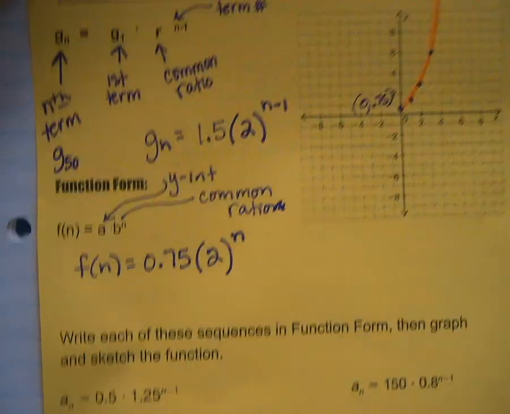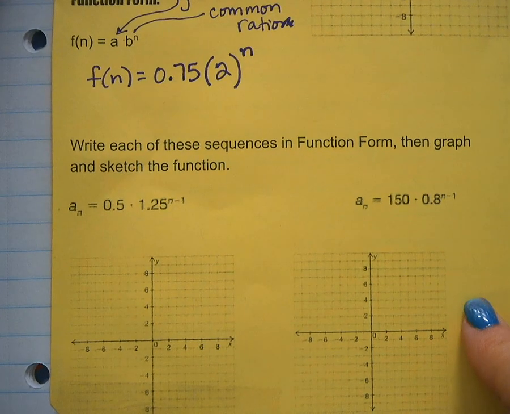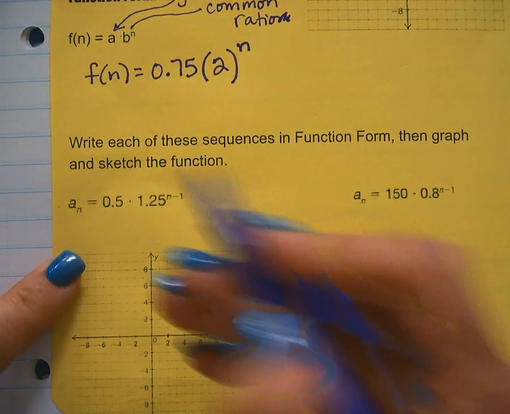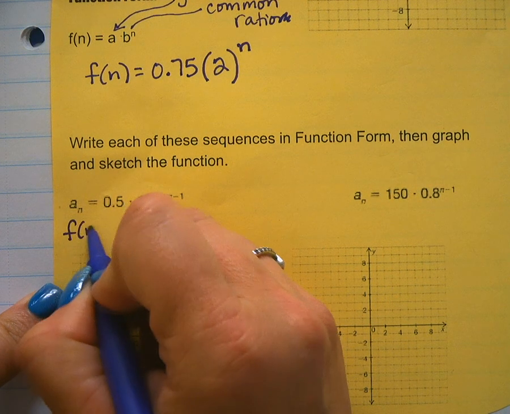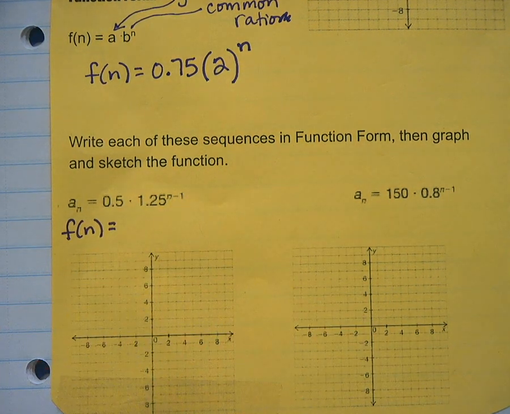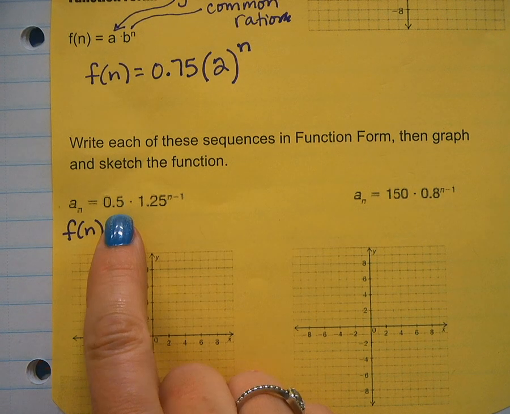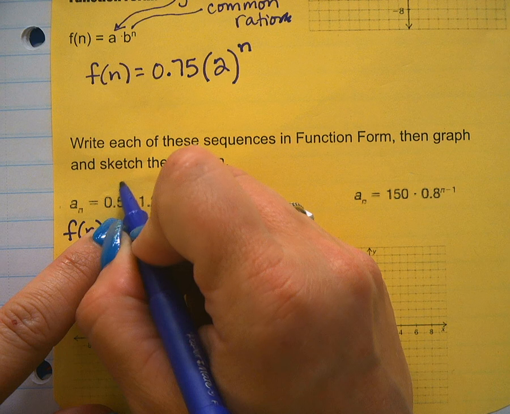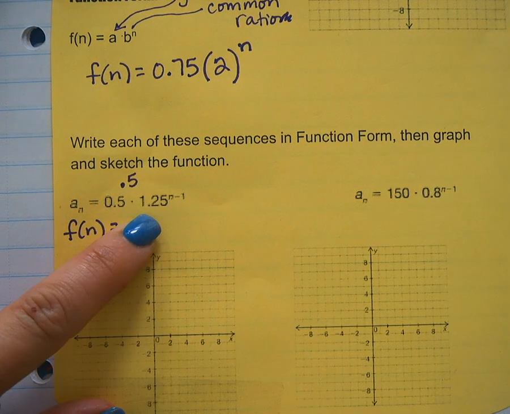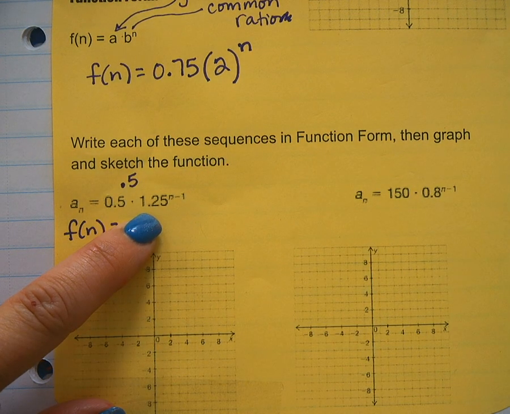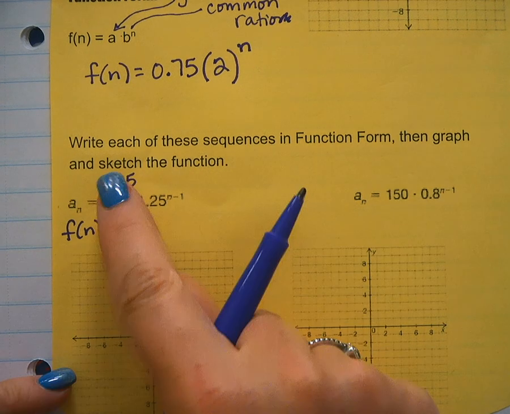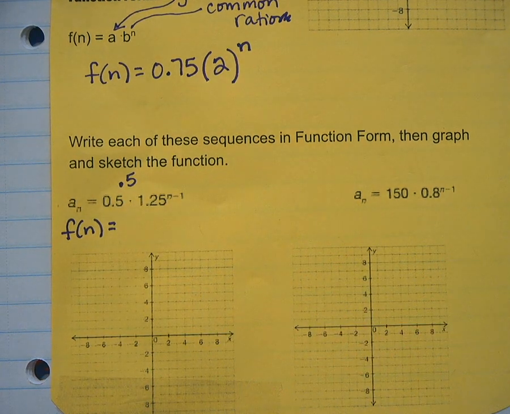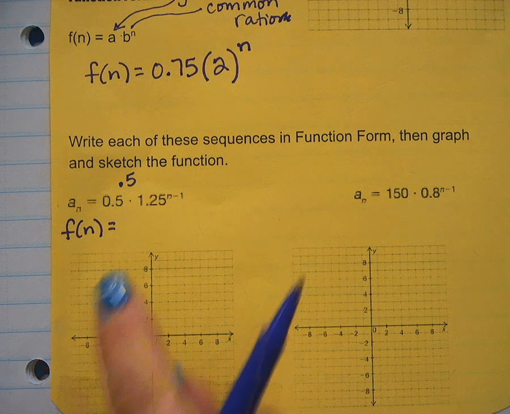Okay. All right, so let's go down here. We're going to write each of these sequences in function form. So looking at this scenario, do you see that our starting value is 0.5 and our growth factor is 1.25? So for function form, we don't need our starting value. We have to back it up 1 and find the y-intercept.